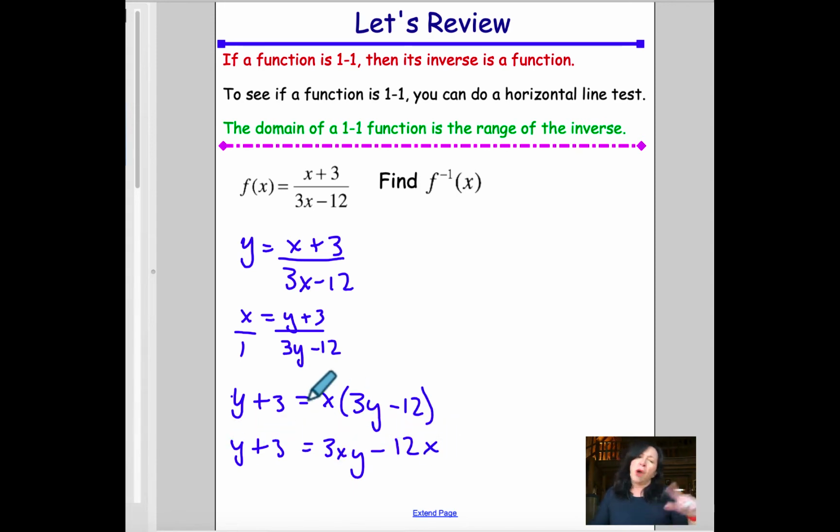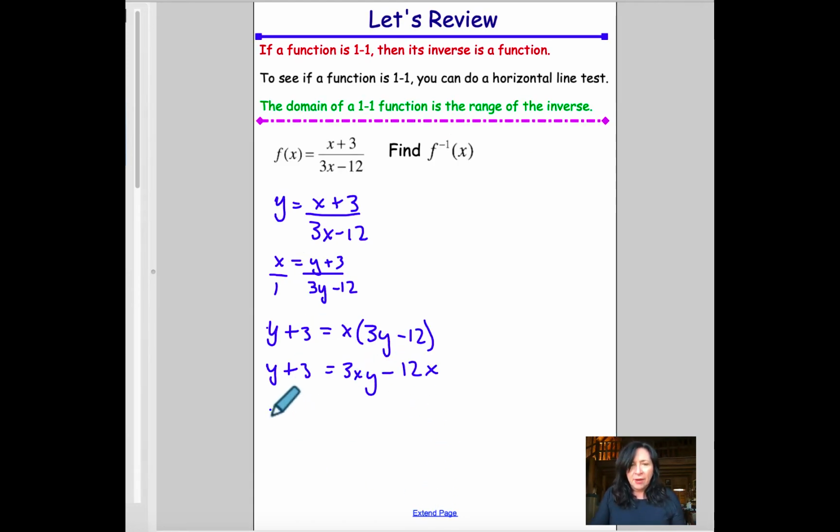I'm going to move the y over to the other side because ultimately we want to solve for y. I need to get the y's on the same side and then factor out that y. Moving this over to the left, I get y minus 3xy, and taking the 3 and moving it to the other side, I get equal to -3 minus 12x.